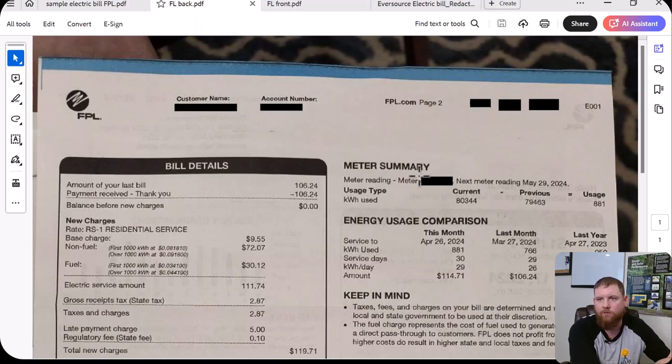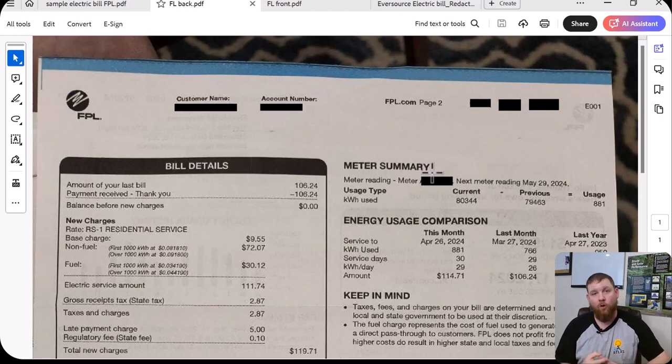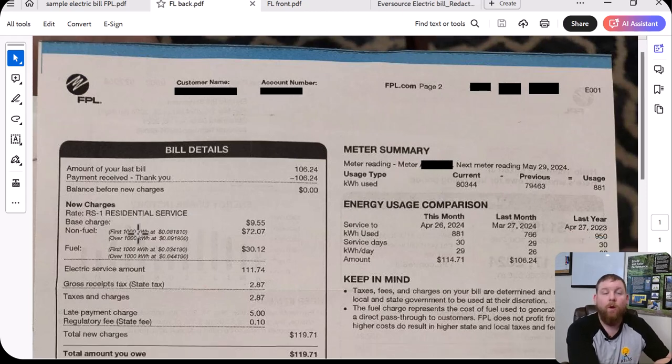The second page is really what we're going to want to look into. Again, the three things that we want to look for are your total charges, your usage, and your non-usage associated charges. And those three numbers are going to be what we determine to be the actual cost of energy. One other thing that makes it the simplest is that Florida, as you can see, charges a different rate for less than 1,000 kilowatt hours and more than 1,000 kilowatt hours.